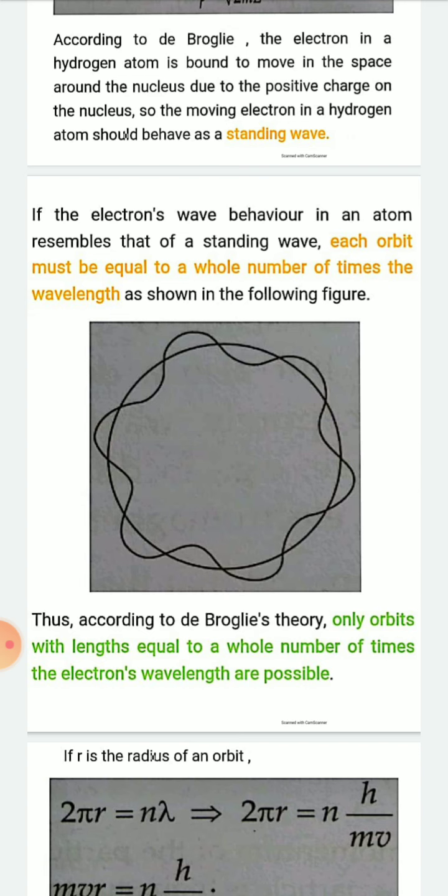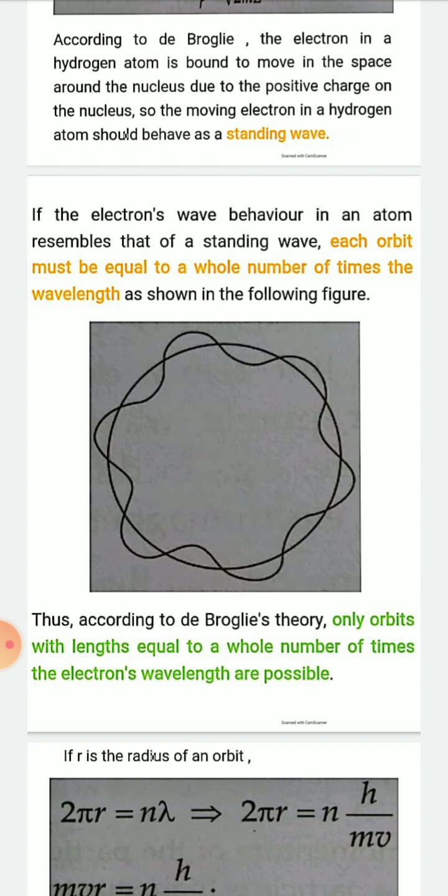According to de Broglie, the circumference, 2 pi r, will be equal to a whole number of times the wavelength. Here 6 complete wavelengths are present, so if the wavelength is lambda, the total distance covered is 6 lambda.